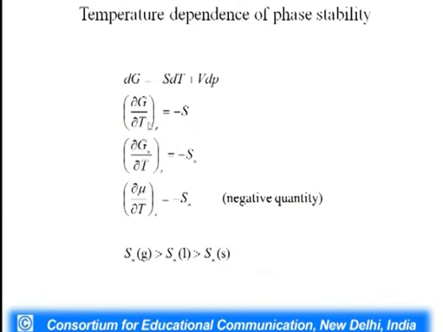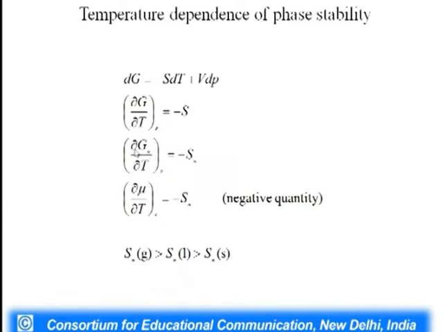So, we can change G by changing the temperature. Now, we know that the chemical potential for one component is simply equal to the molar Gibbs free energy.